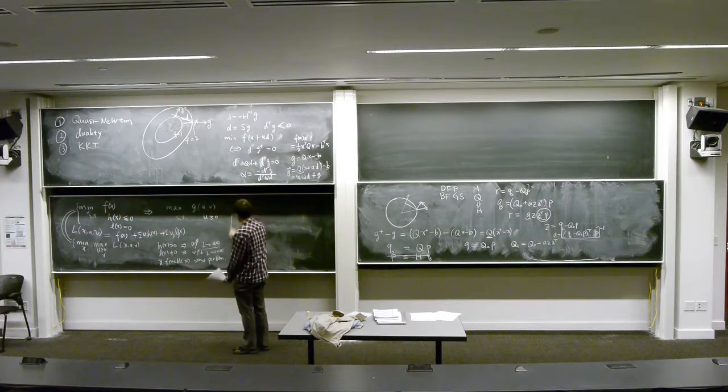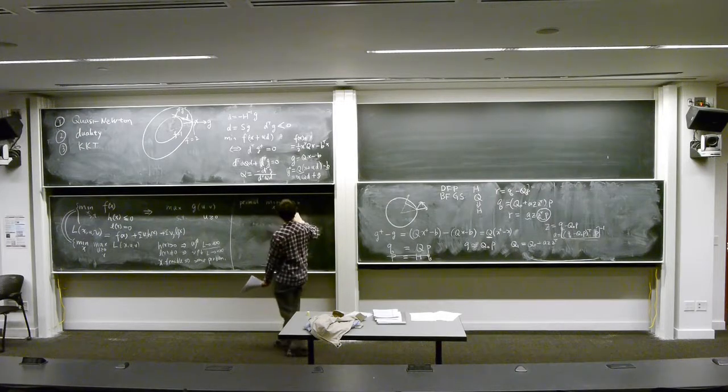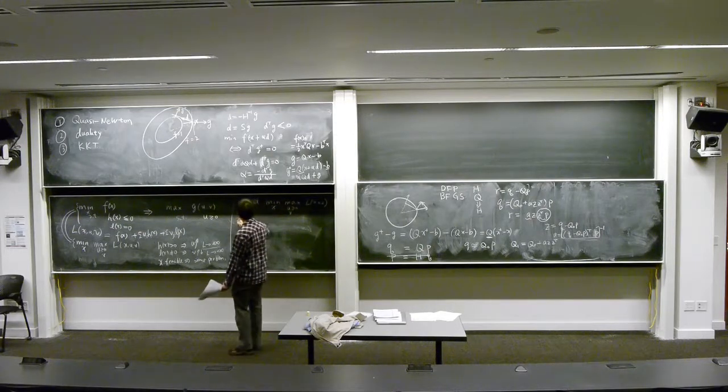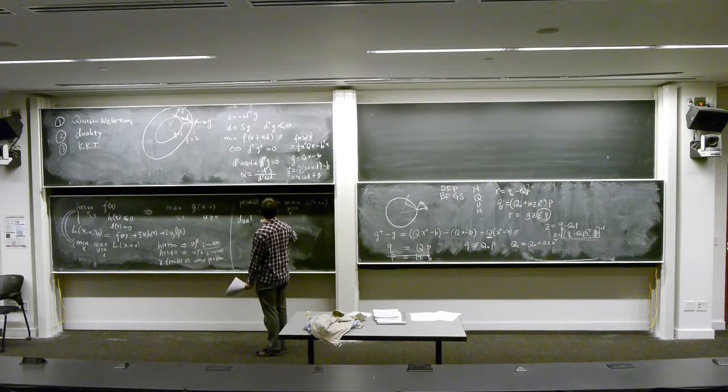Let me just copy our primal problem, which is min over x, max over u greater than 0, v unconstrained, of L of x, u, v. Okay, this is our primal problem. And it just so happens that the dual problem exactly becomes this one.